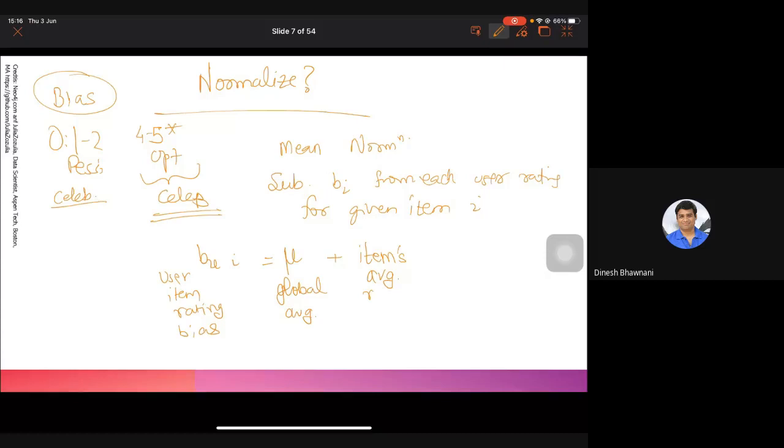At least that's the rationale, which is b_i, plus b_u. What is that? The user's average rating. So is the user always giving 0, 1, whatever? Irrespective of that, even the most pessimistic user would sometimes give good ratings, right? That is one of the ways to counter the bias. There are many ways. This is one of the simpler ones that I have put.